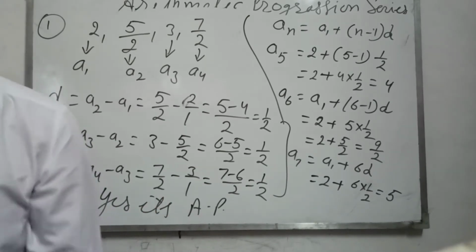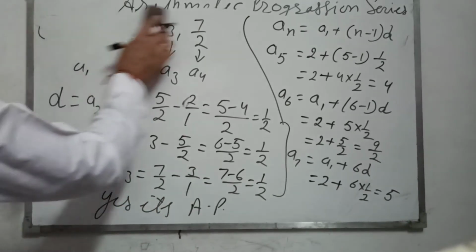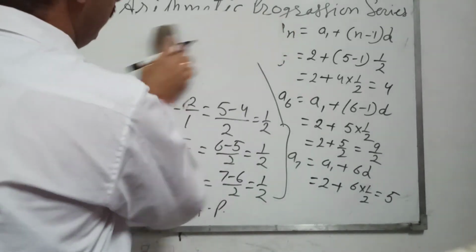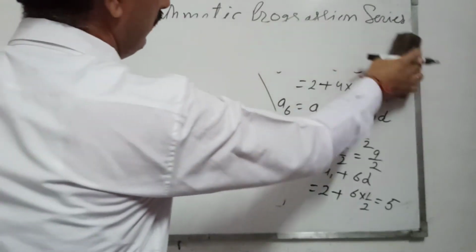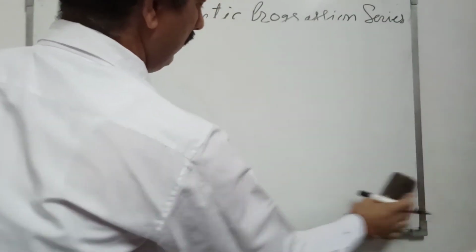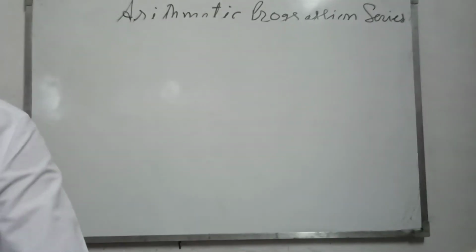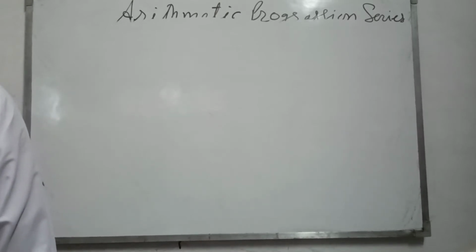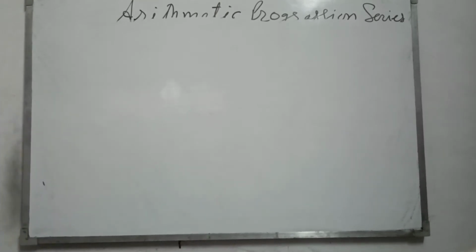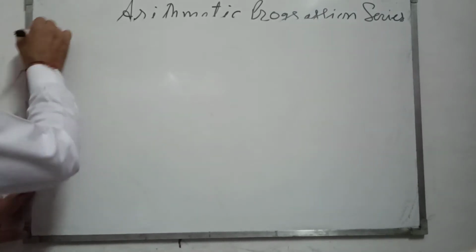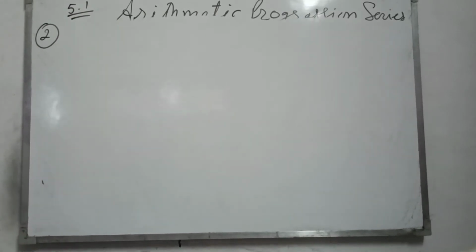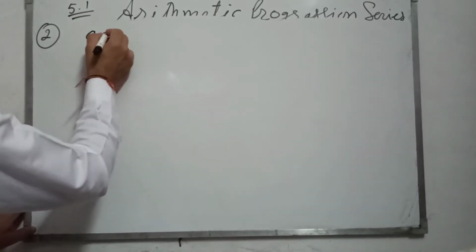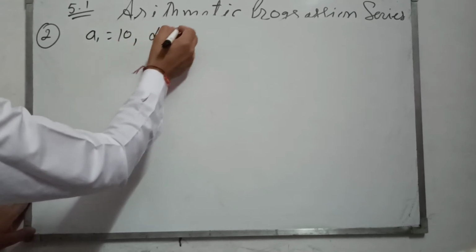Come to the next. Exercise 5.1, question number 2, part 1: A1 is given as 10 and D is equal to 10.